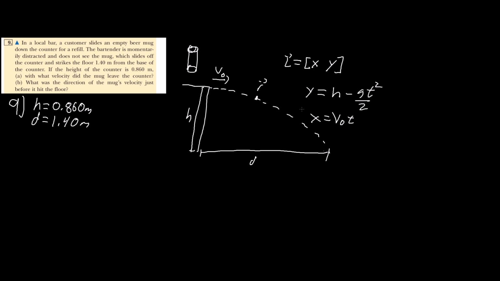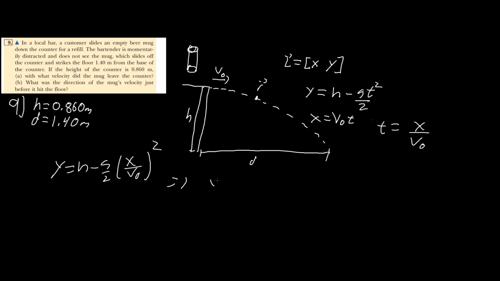So because X is D, Y is just going to be 0. So let me solve for T. We're going to use this equation. Solve for T: T equals X over the initial velocity. And then we're going to plug it in there. So we're going to say that Y equals H minus G over 2 times the distance divided by the velocity, squared, is the time it takes. So we're going to clean this up a bit.